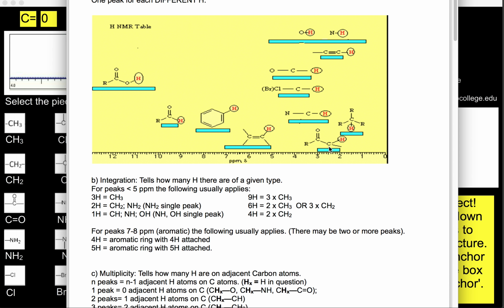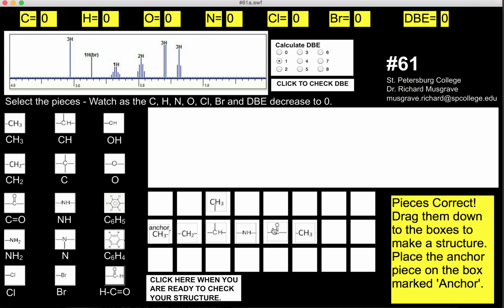So CHs connected to Ns are typically in the 3 range, and CHs connected to C double bond Os are typically in the 2.5 to 2 range. So I would be fairly confident in putting the NH next to the CH3 like this, and putting the C double bond O next to the CH, and you can see that that would lead us to that kind of typical grouping.